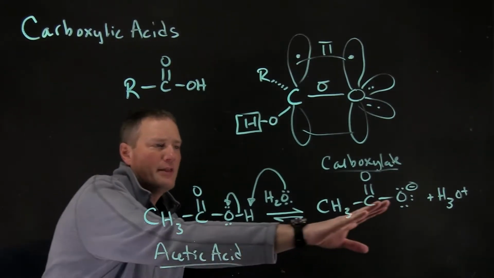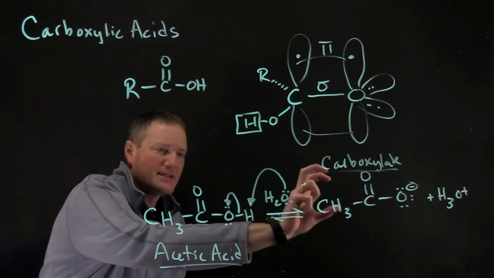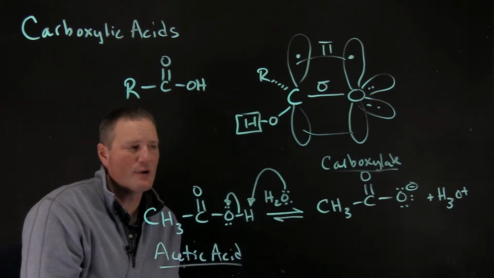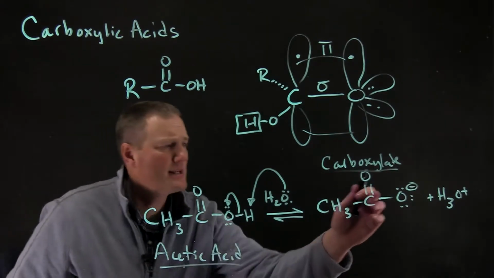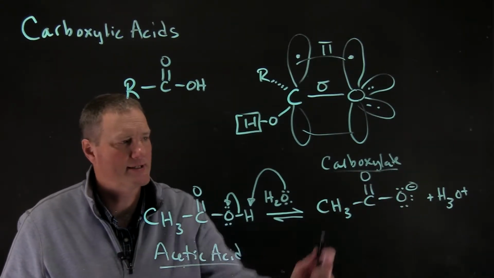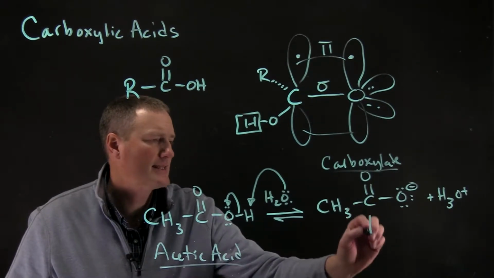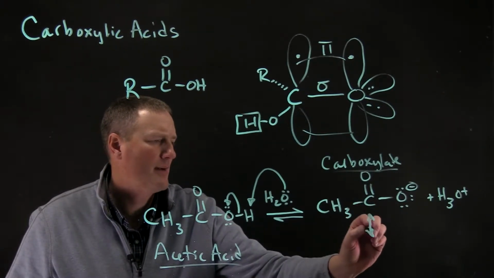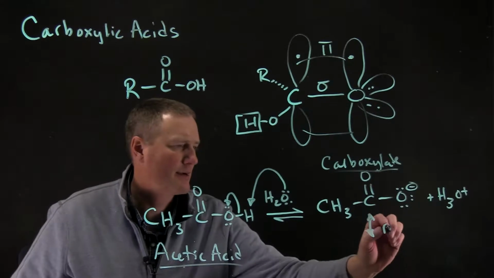So what is it again about the structure of this that makes this proton acidic? Well, it turns out that this carboxylate has an interesting and unique structure to it. Because these electrons are next door to a pi system in this C double bond O, they can exhibit a phenomenon called resonance.